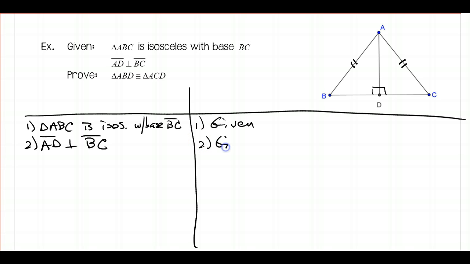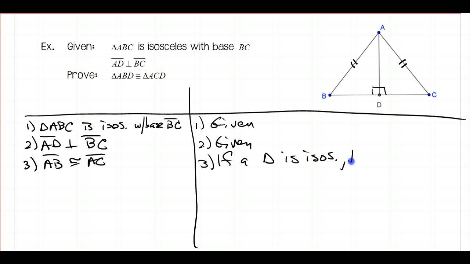This is given. 3. I've got AB congruent to AC. If a triangle is isosceles, then its legs are congruent.